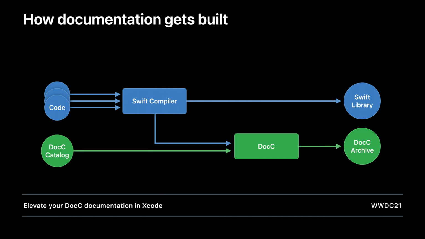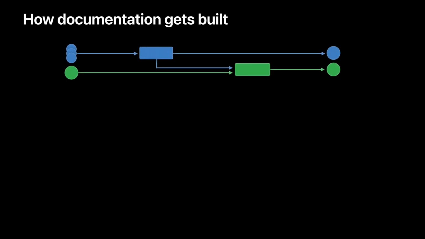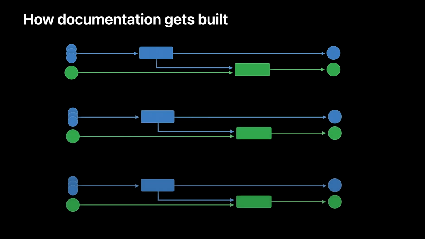To learn more about documentation catalogs and organizing your docs, check out the Elevate Your DocC Documentation in Xcode session. And thanks to DocC's integration with Xcode's build system, this process repeats for every Swift framework and package that your target depends on. This way, you have all your relevant documentation all in one place. But what does this mean for your day-to-day documentation needs?